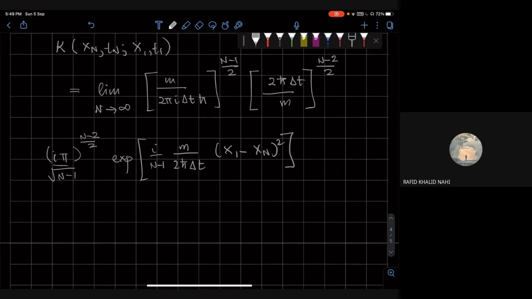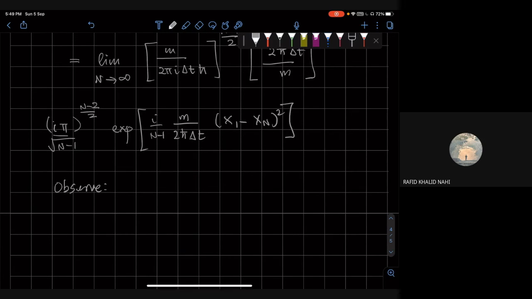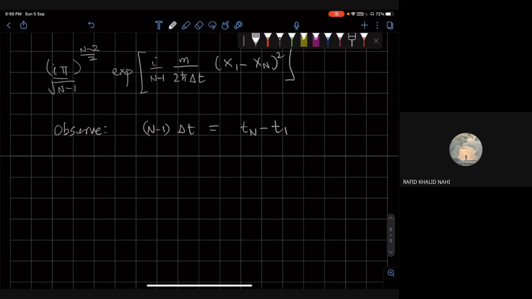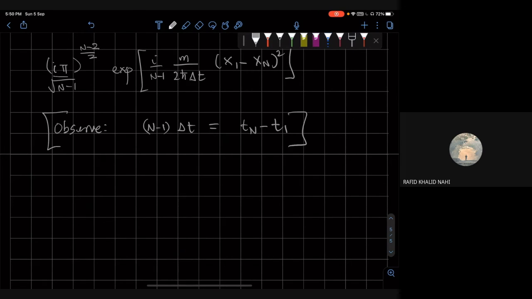Now let's observe that n minus 1 times delta t is tn minus t1, right? So let's put that in the bracket. Then we can simplify these things now.